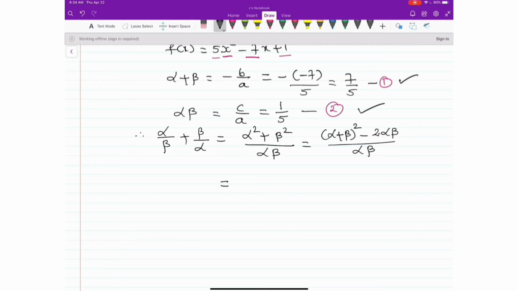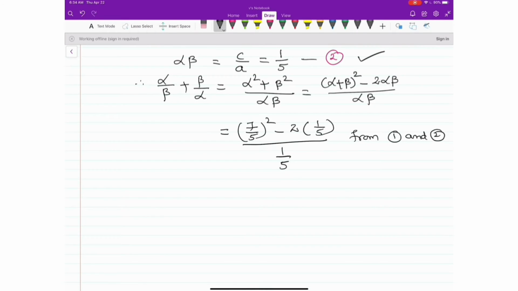I will be getting (7/5)² − 2 × 1/5, divided by 1/5, from 1 and 2.